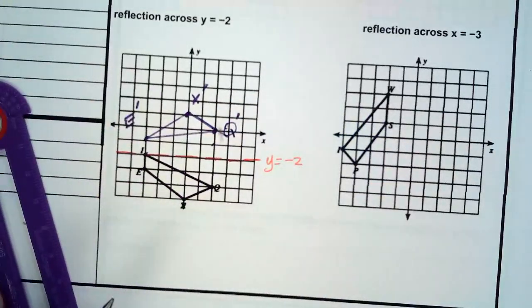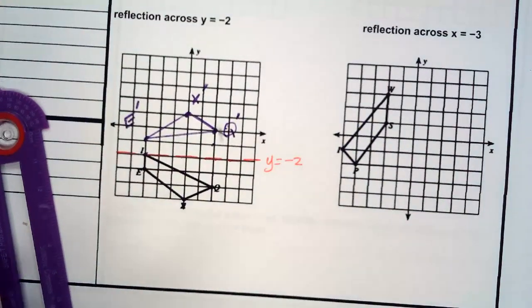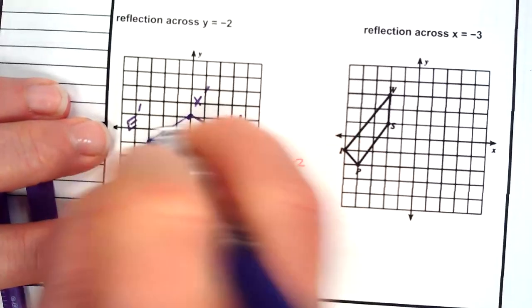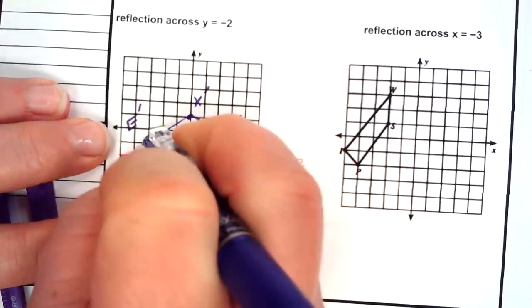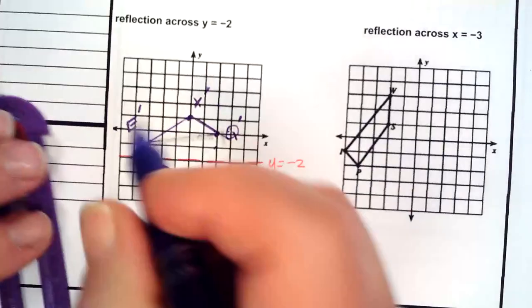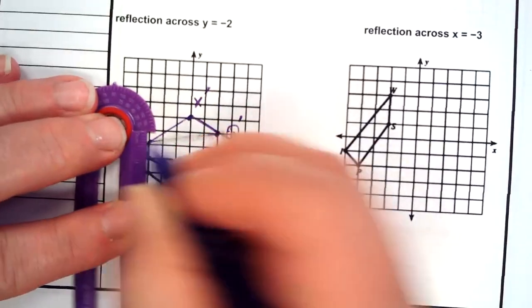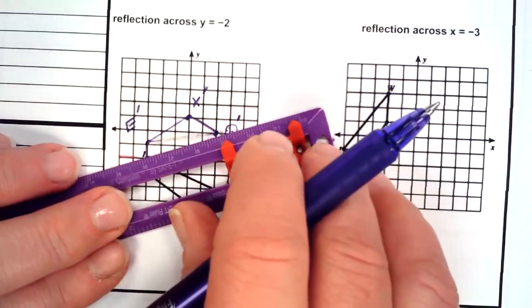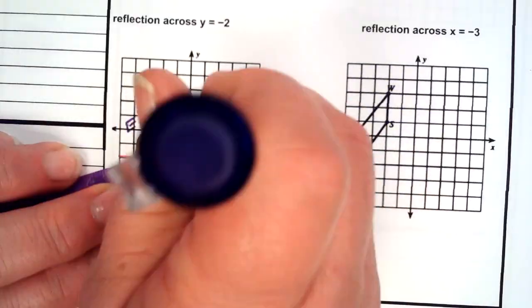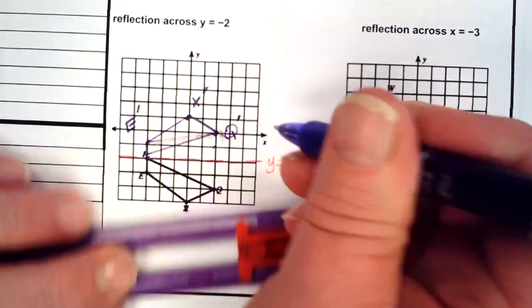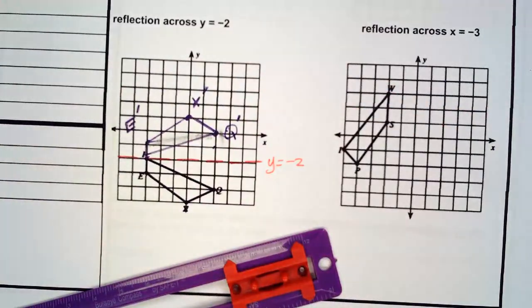Oops, we missed one. Which one did we? Oh, I did not catch I. So I should have gone here and then up here. That's why I tell you it is important to look at both of the figures and make sure they look identical.